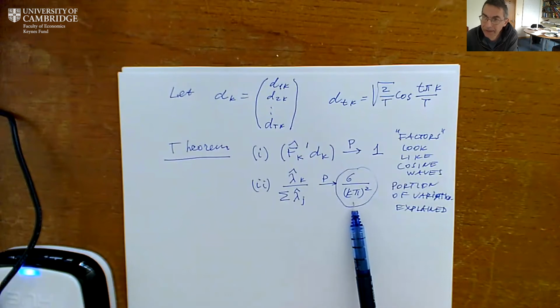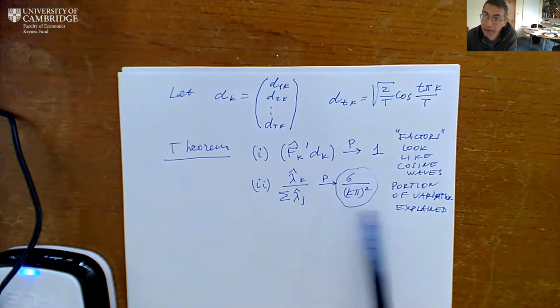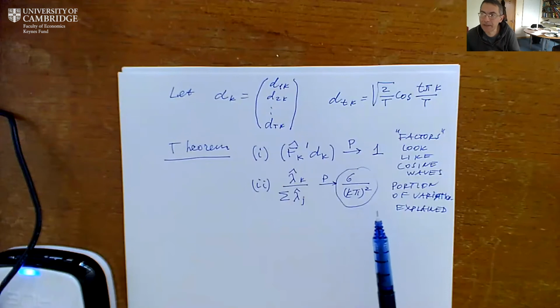This tells me that even if you have absolutely independent data without any factors whatsoever, the first factor will explain 60% of variation in this data. And you can go further, put k equal to 2, 3, and compute according to this formula what is the percentage of variation explained in the data. And remember, my data is independent cross-sectionally. There are no commonalities here.